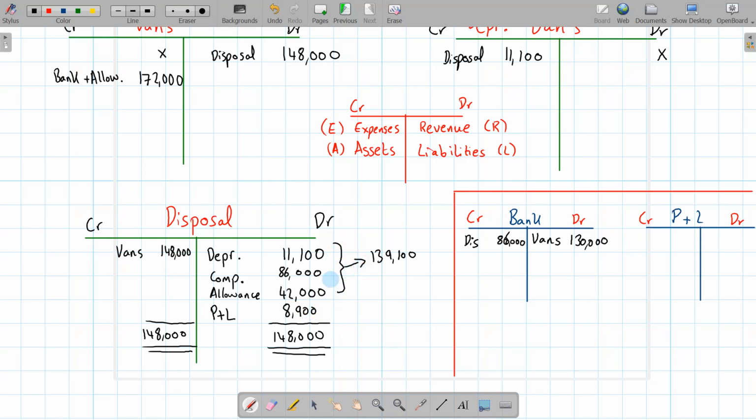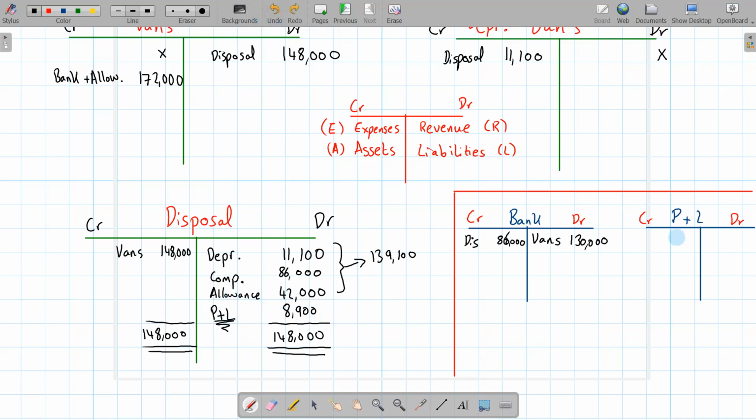So now this is why we created a P&L account over here, because this has to go to the P&L, because any losses or gains on a disposal of a fixed asset goes into our P&L account. So if this balance is here, we don't know, is that a loss? Is it a gain? We don't really know.